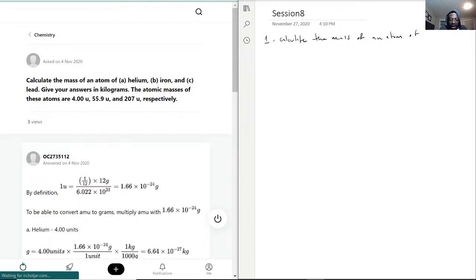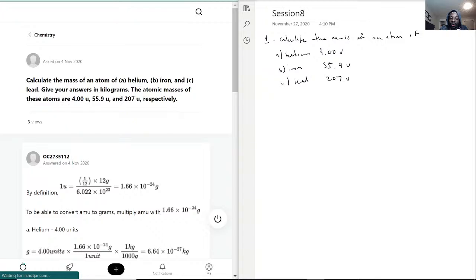Actually, let me just put it as they did: helium, iron, lead. And the atomic masses for these atoms are 4.00 units, 55.9 units, and 207 units respectively.